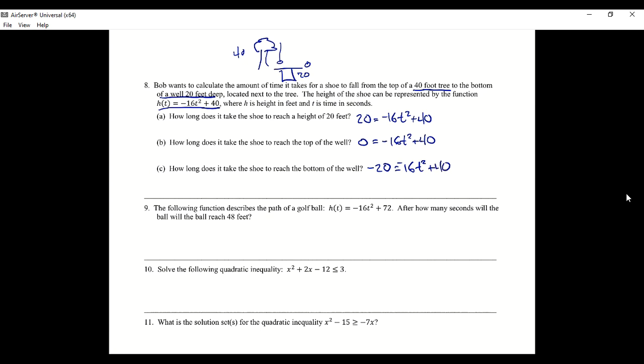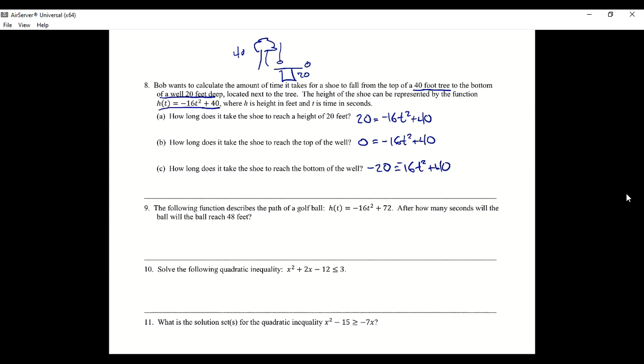Now, you don't have to solve all these equations. Our function is the same for all of them. So if we go negative 16x squared plus 40 in y1, clear, negative 16x squared plus 40.